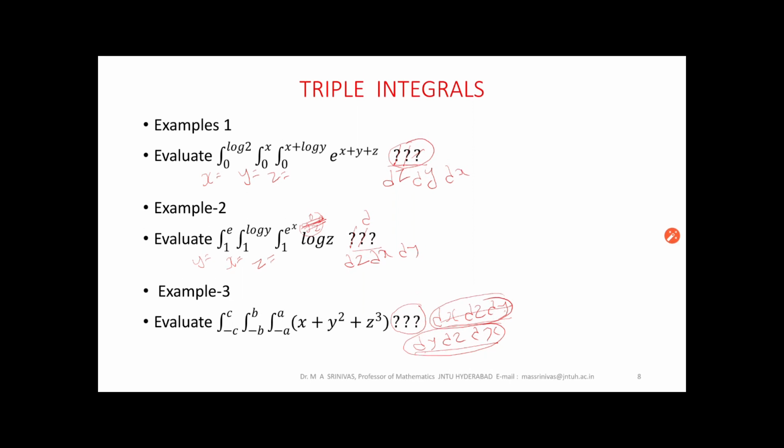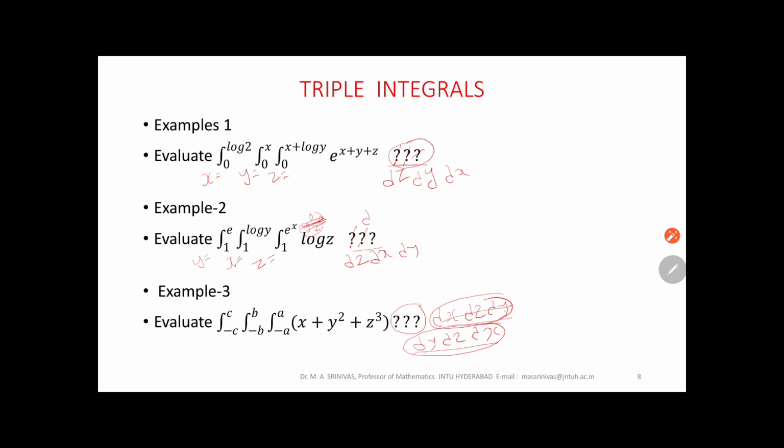So now coming back to the third question. Here, as I mentioned, one should give the order because all the three limits are constants, and he doesn't mention for what variable minus a and a are the limits, and minus b and b are.